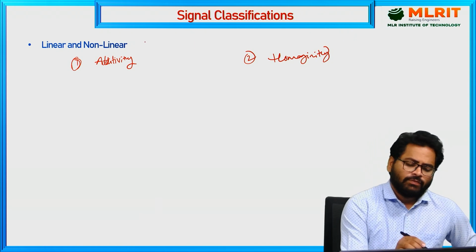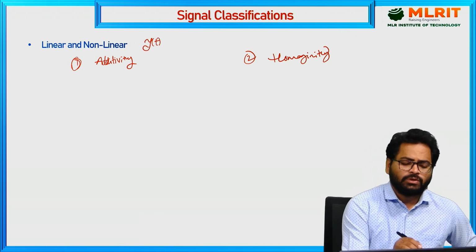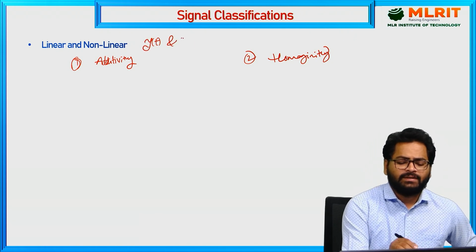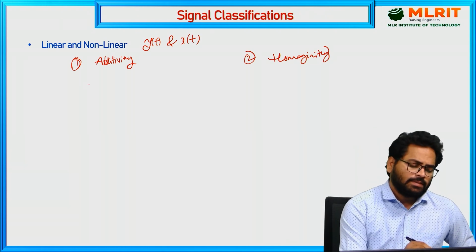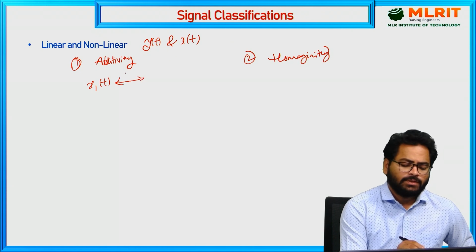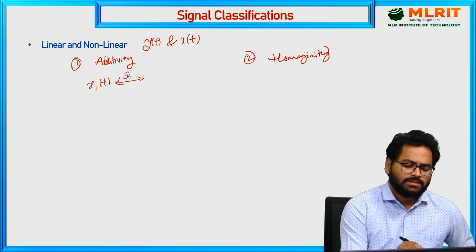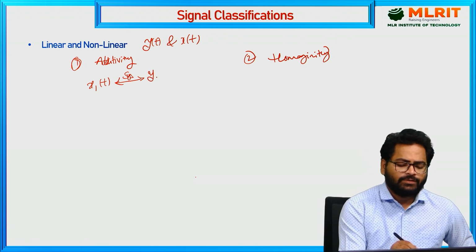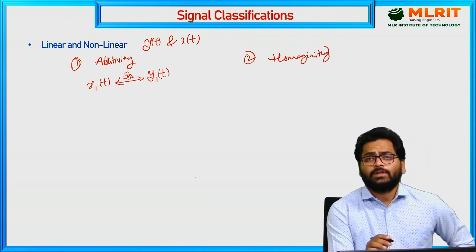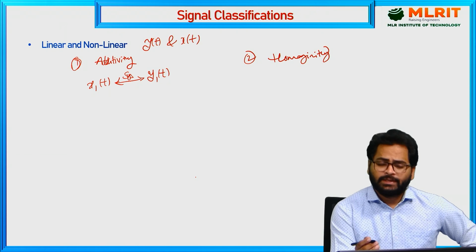Suppose y of t is the output of a particular system and x of t is the input. If I give x1 of t as an input to the same system, which I am writing as Sys, Sys means system, then I get the output y1 of t. First we need to be clear about what additivity and homogeneity mean.